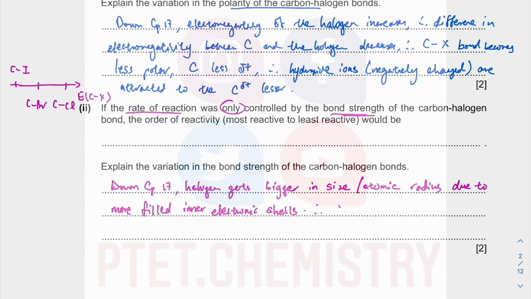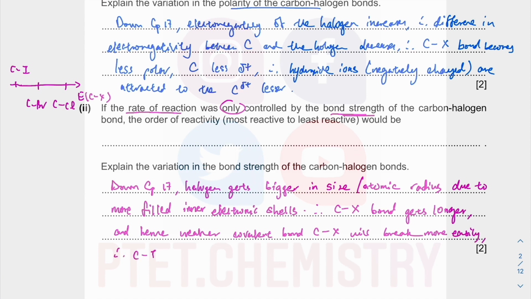Therefore, a carbon halogen bond gets longer, and hence weaker covalent bond. Weaker covalent bond, C-X, will break more easily.